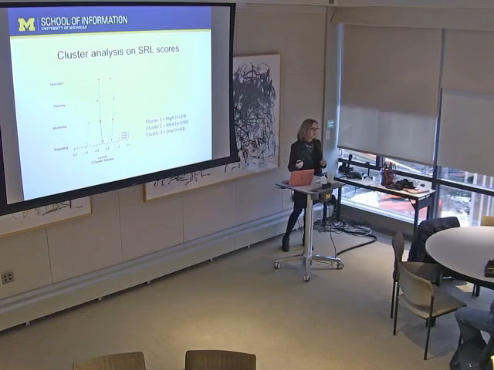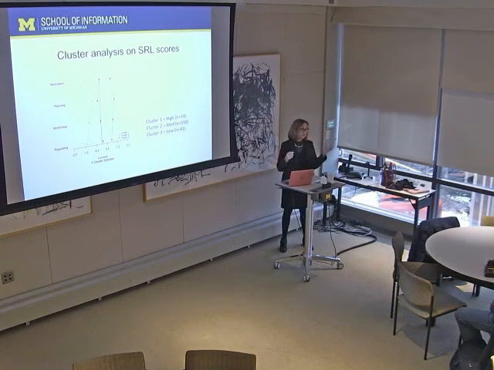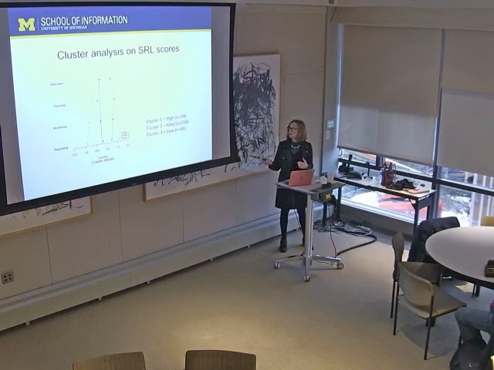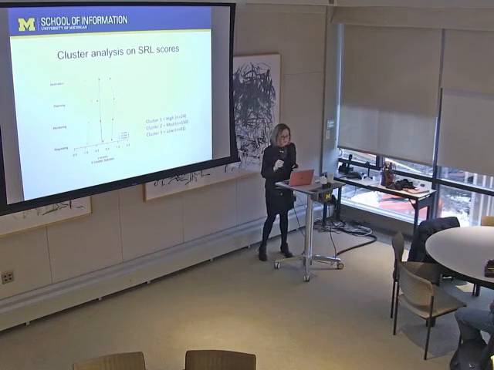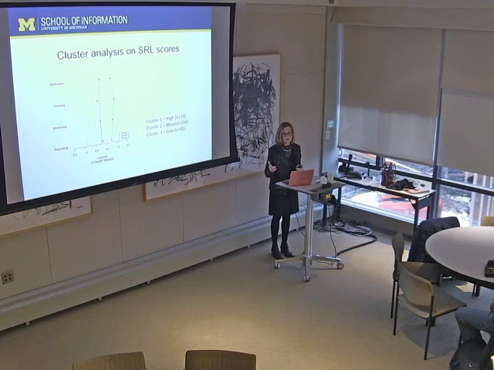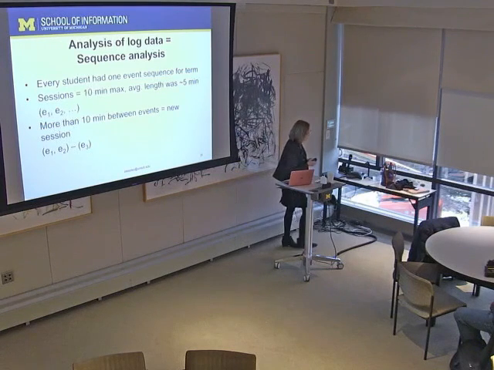There are some issues with self-report data. Students tend to underestimate how much self-regulation they do, so we think there are probably more high self-regulators, especially here at Michigan, than this shows. But anyway, we use these clusters to look at the relationship between their use and their self-reported self-regulation scores.